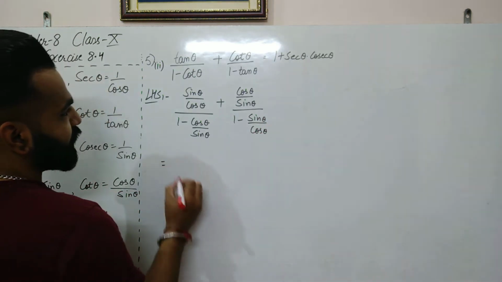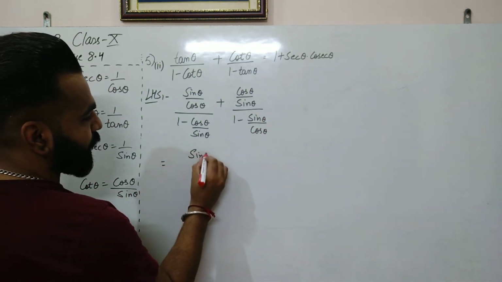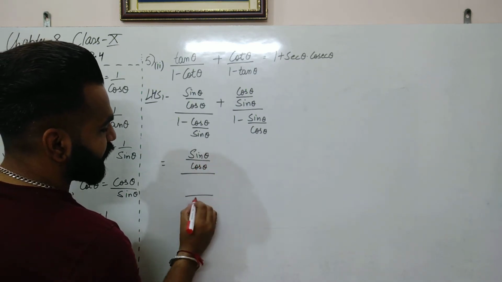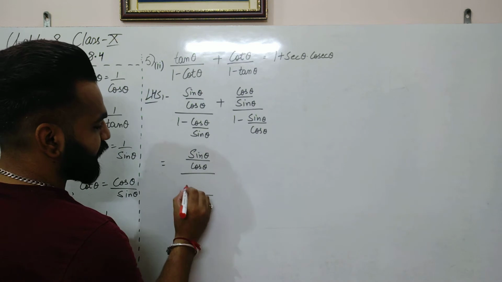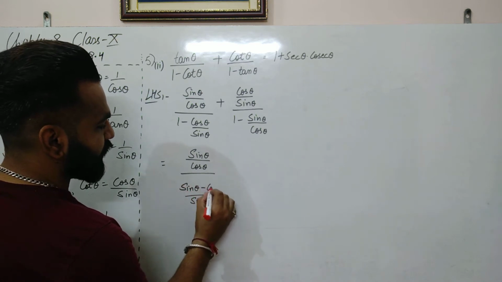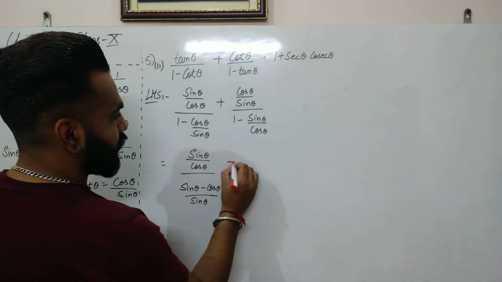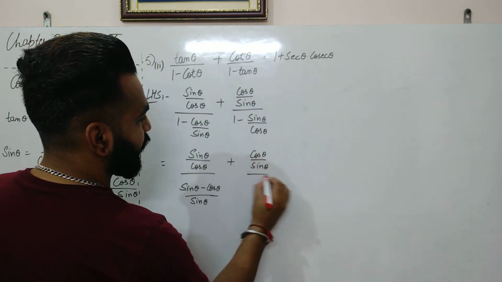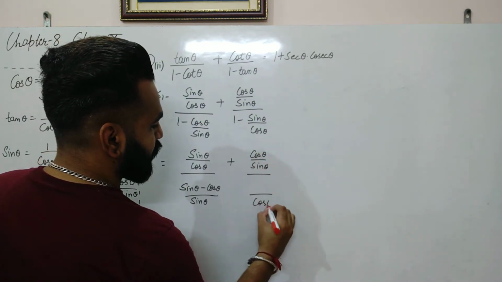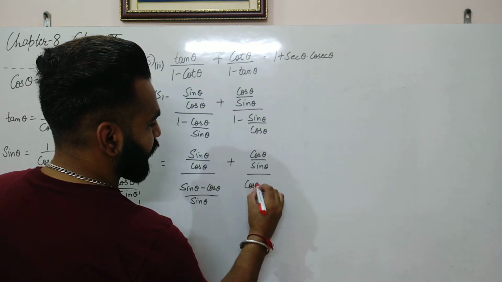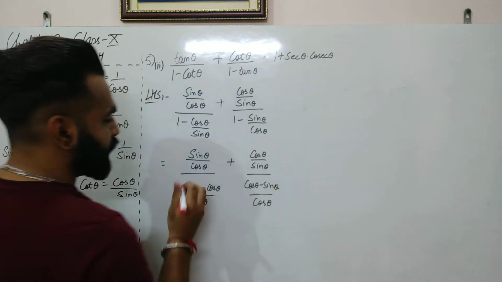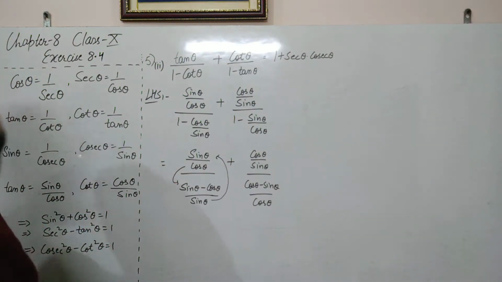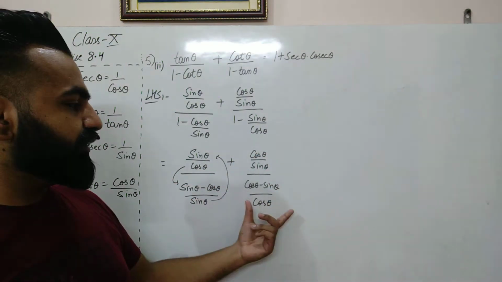This will be further equal to sin theta by cos theta divided by, taking LCM in the denominator, (sin theta minus cos theta), and this will be cos theta by sin theta divided by (cos theta minus sin theta). Now this cos theta will come here and sin theta will be multiplied in the numerator. Similarly we can do here.